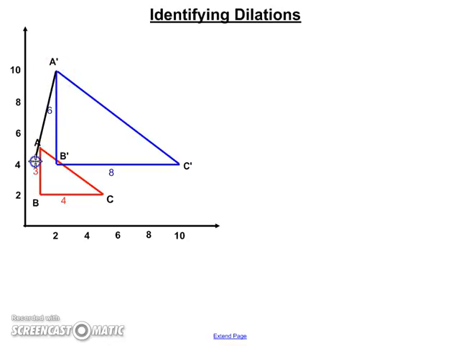So A prime through A, and I'm just going to draw out a ways here. B prime through B. So now there is my point of intersection so far. My C prime through C better intersect in the same spot. So it does. So we have a dilation.